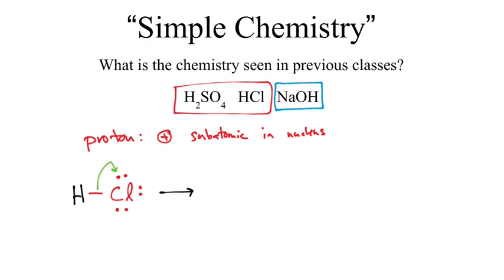What would be the resulting structures that come out of that? Okay, well, I still have the hydrogen. I still have the chlorine. The lone pairs on the chlorine didn't do anything, but what happened to the bond? Moved? Where did it move? To the chlorine.